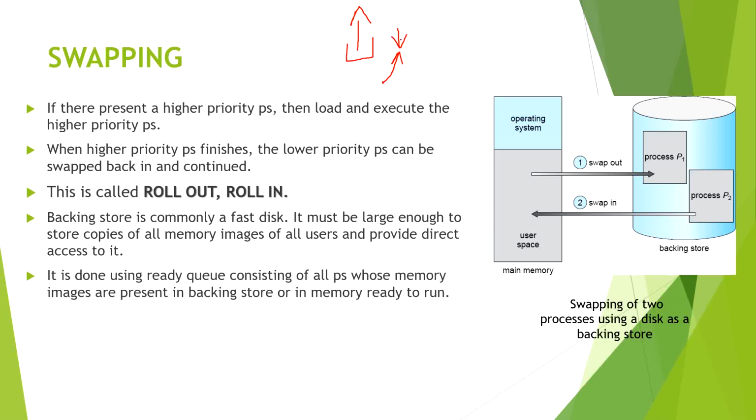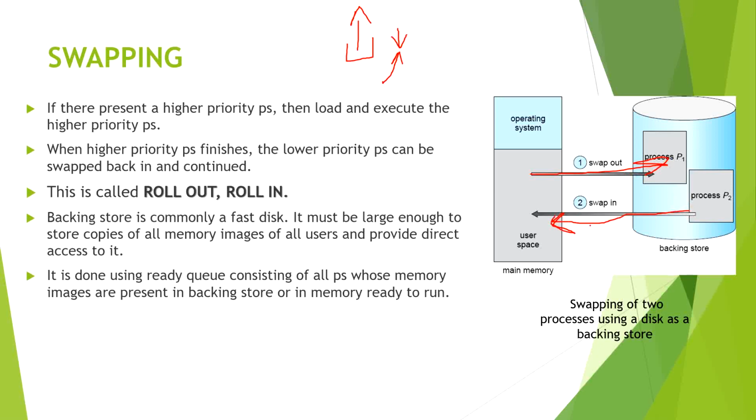So what it will do is store the information, all the already executed resources, to the backing store. It will then take the higher priority process from the backing store and bring it into main memory.